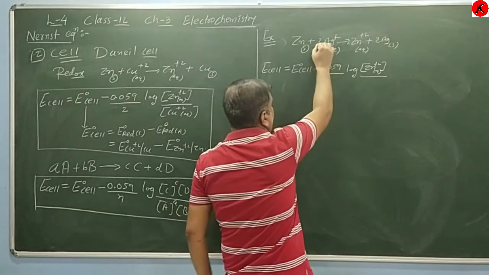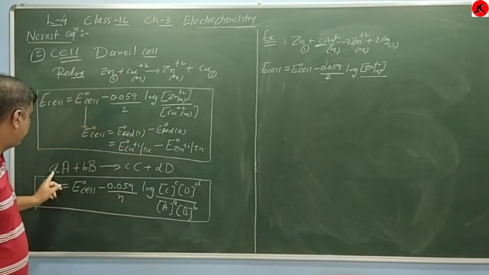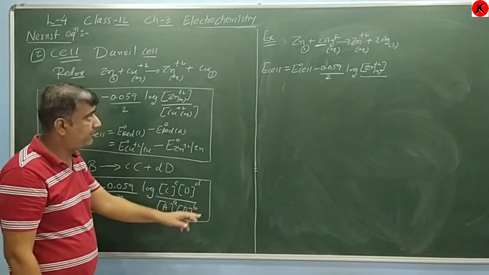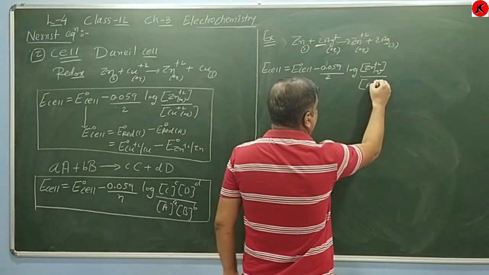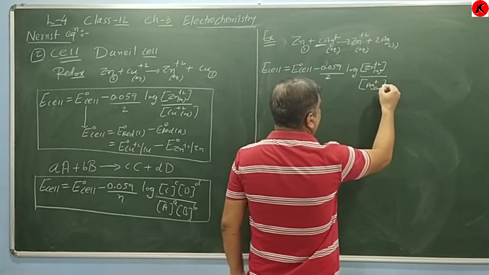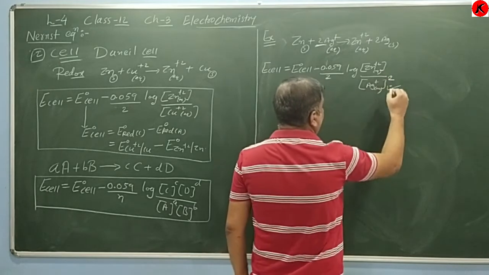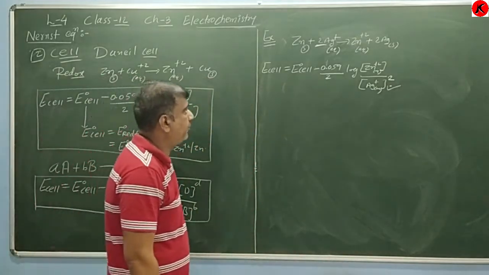But here it is 2 moles of Ag+, that means the mole will be in power form, so here [Ag+] aqueous squared. Remember this point: moles will be in the power form.